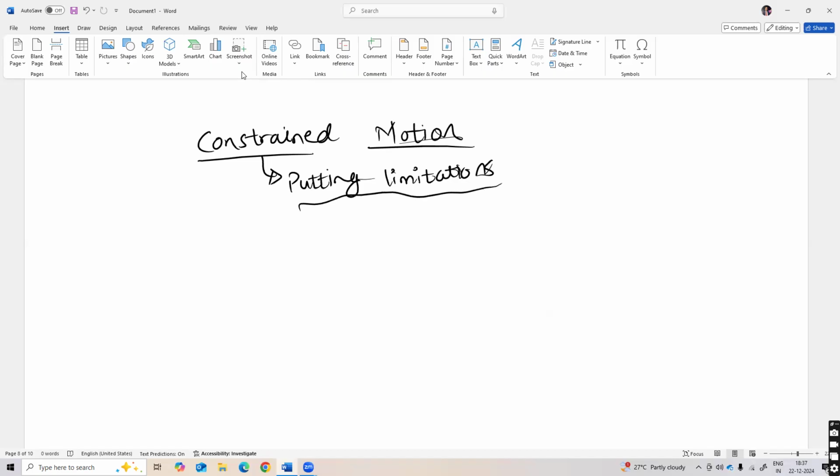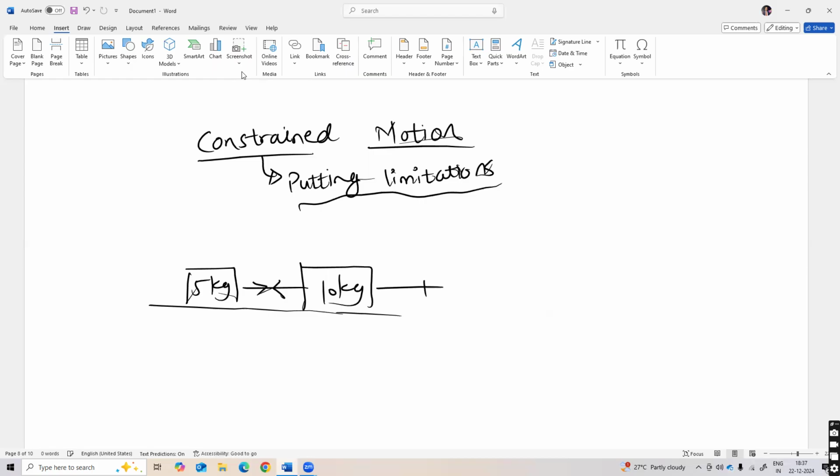So now we have seen like there was one object of let's say 5 kg, one object of 10 kg connected with a string, and let's say this is the force acting on this object. So we have seen that if force F is acting on this system, the whole system will move together.